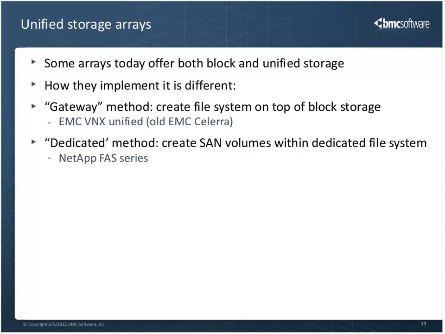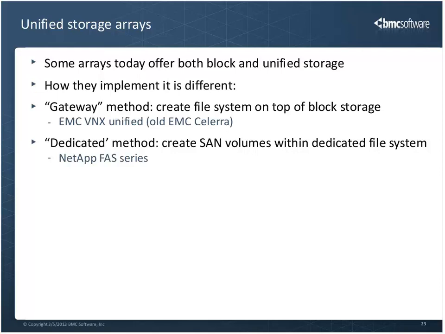An example is the EMC VNX Unified. It used to be called EMC Celera. This is really very similar to what used to be called EMC Clarion, which is a block array and simply a gateway in front of it. The EMC VNX is much more tightly integrated than the old gateway used to be with the EMC Celera, but the idea is the same.